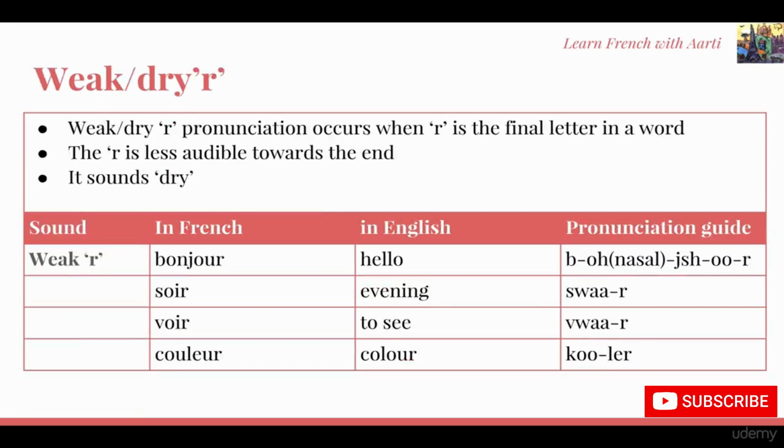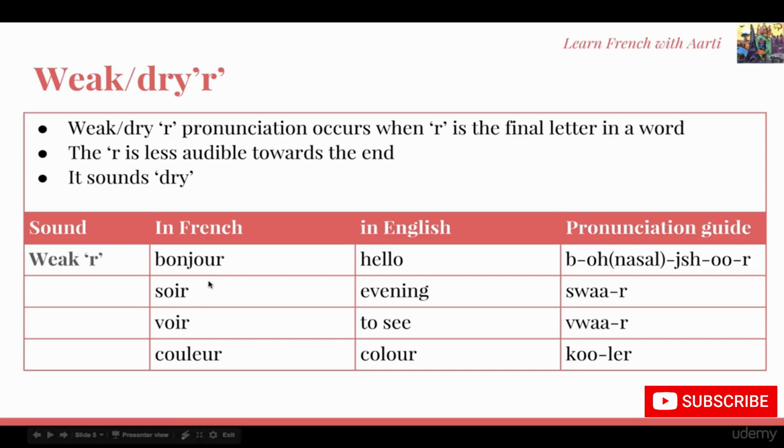Now for the weak R. The weak R, I also call it the dry R, and it occurs when R is the final letter in a word. It is less audible and it sounds a bit dry. In words such as bonjour, you say it, but it's not very audible. It's very dry.